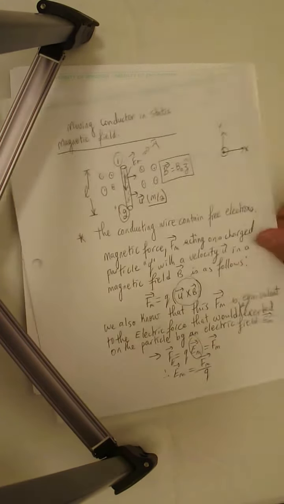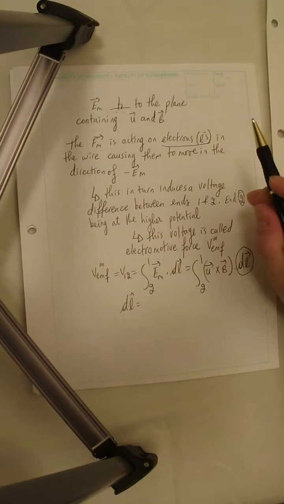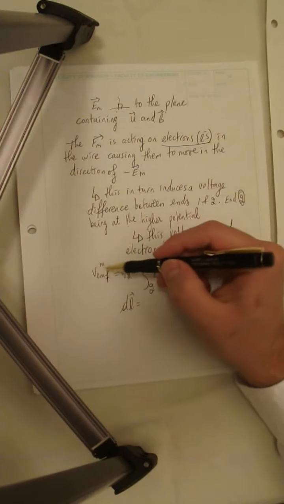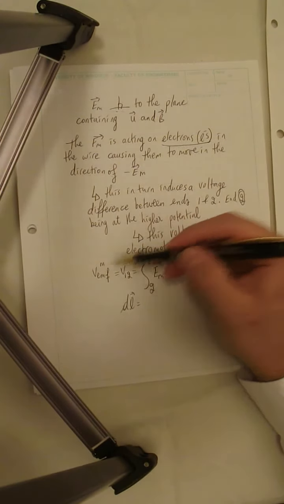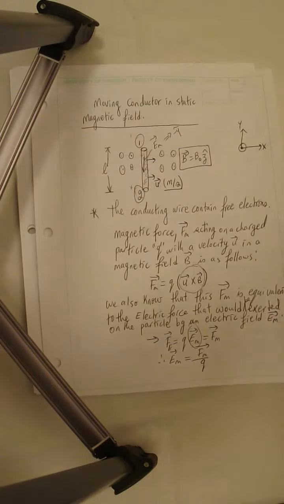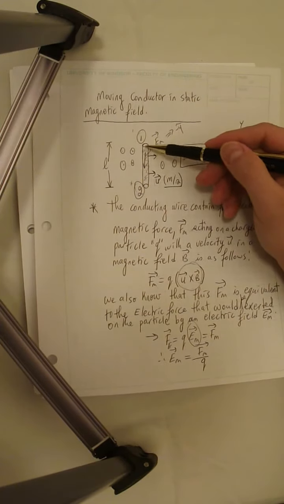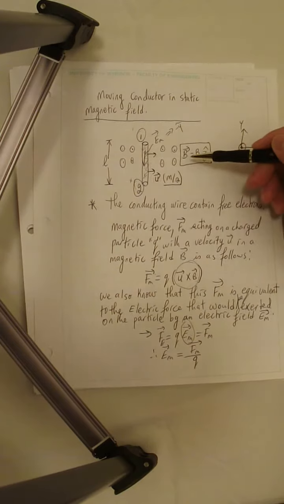In other words, you can look at it this way: the electromotive force only exists at the points where the wire crosses the magnetic field.